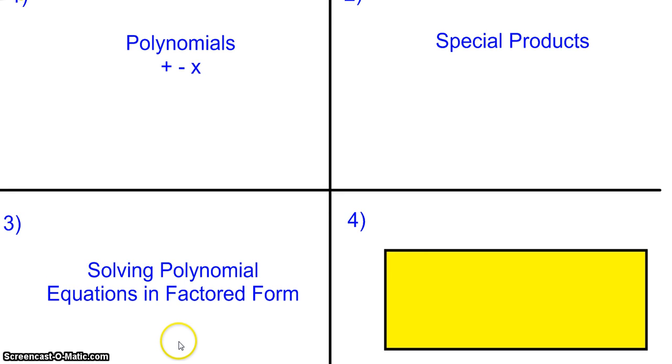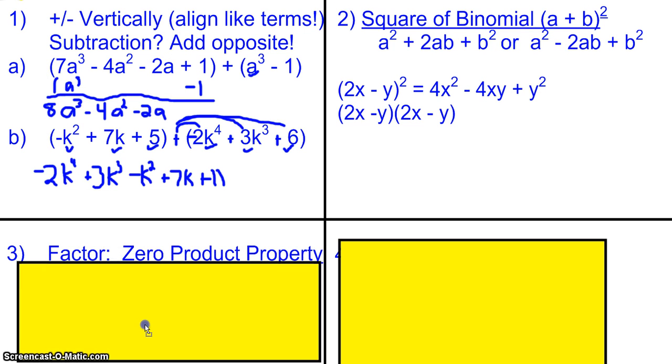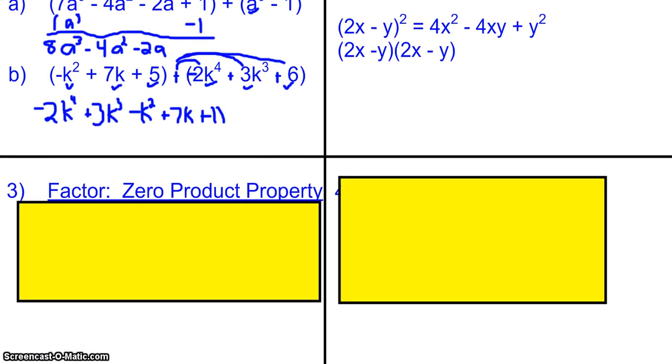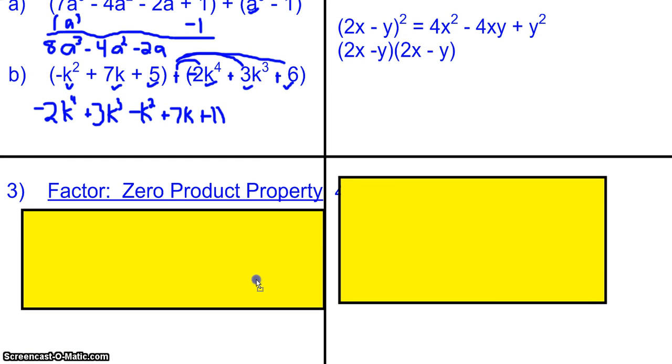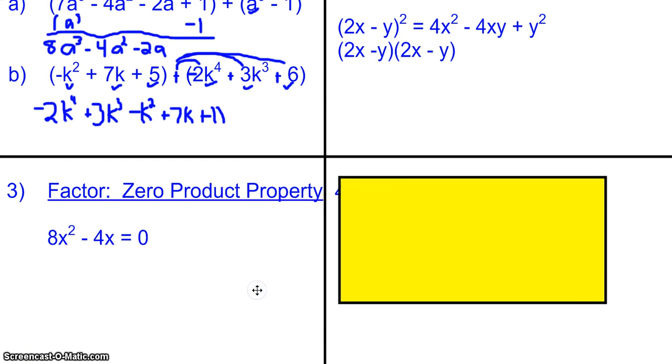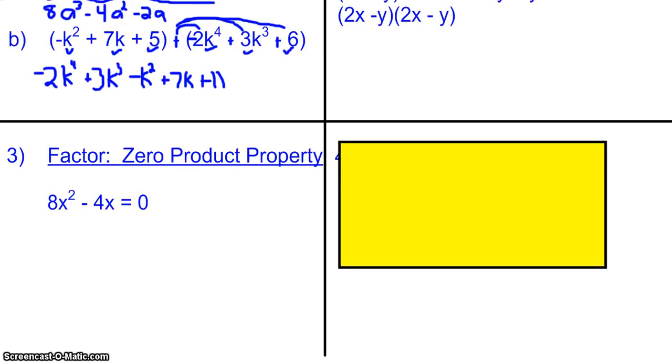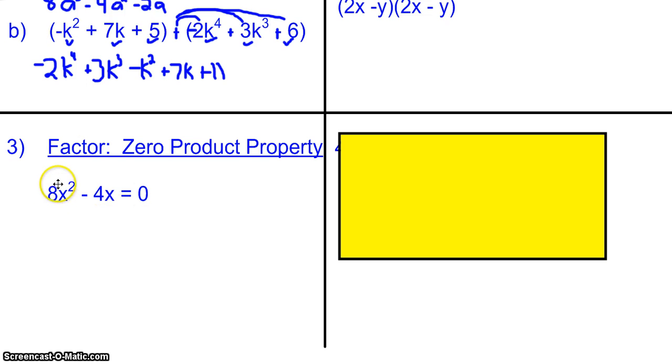Okay, so the first thing we did there was factor and use our zero product property, right? So let's try that here. If we receive an equation, so we have a basic equation already set equal to 0, we know that if we can find the factors of this polynomial, one of them would have to be 0, right?